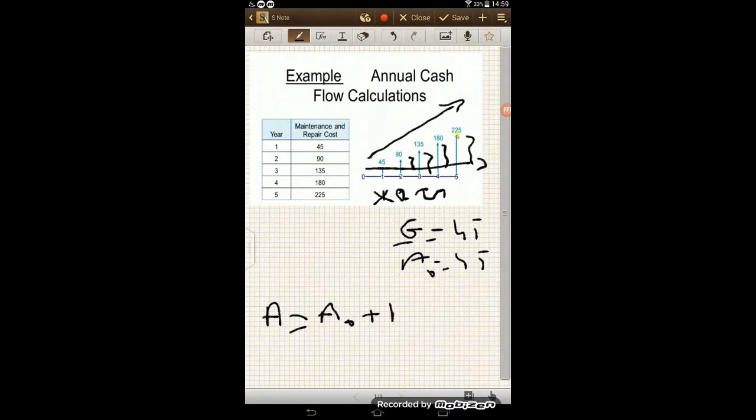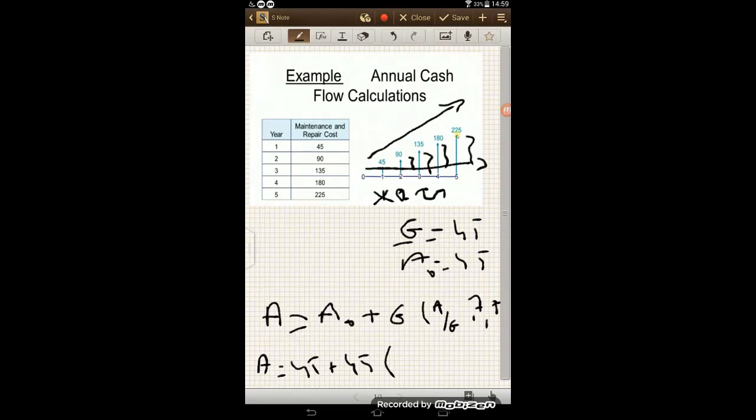And we are going to calculate it with the table. Here we are going to convert G to A, so it's going to be A over G, I, which is again 7%, and N is going to be 5 years. So it is 45 plus 45 multiplied by A over G at 7% in the table.